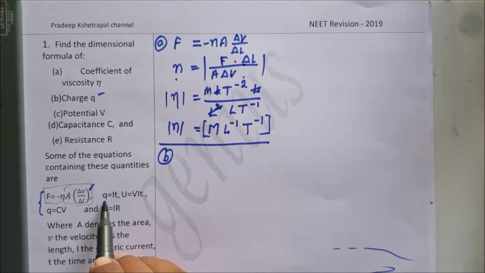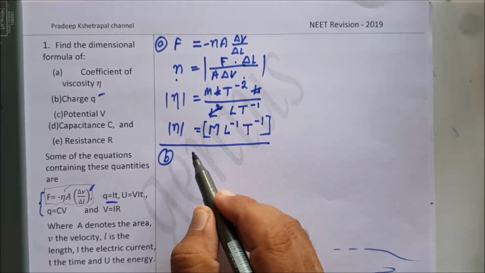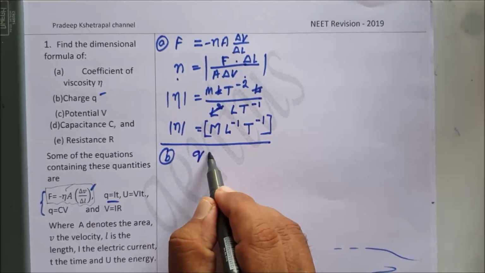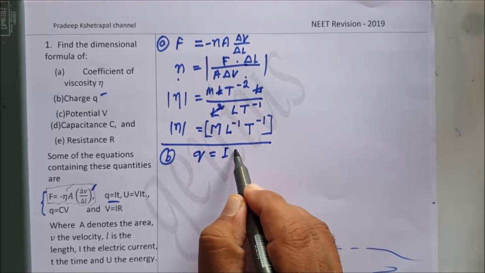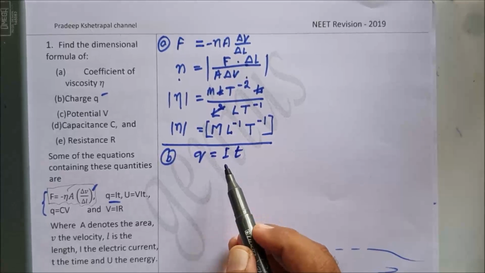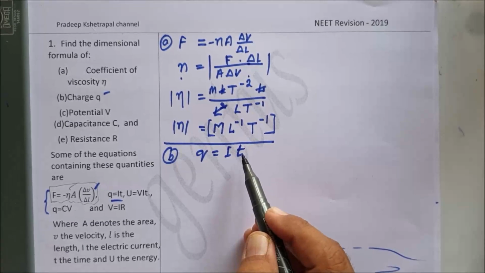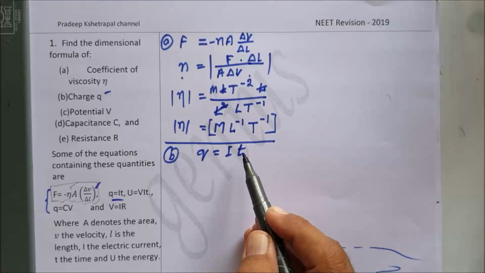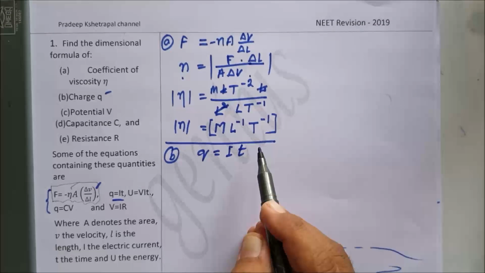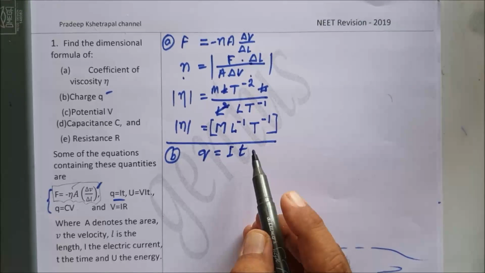The relation given is Q is equal to I into T. I stands for current, which is a fundamental quantity. T also stands for time, which is a fundamental quantity. So their dimensions are known to us.